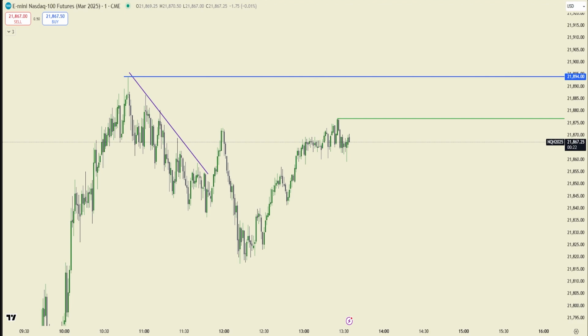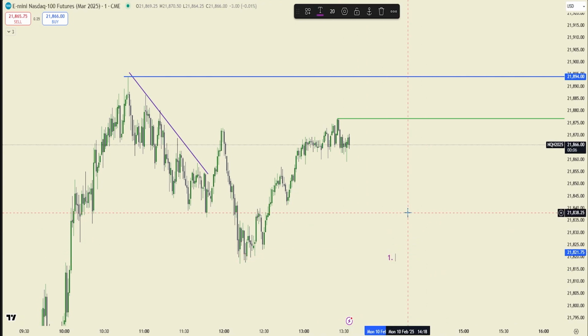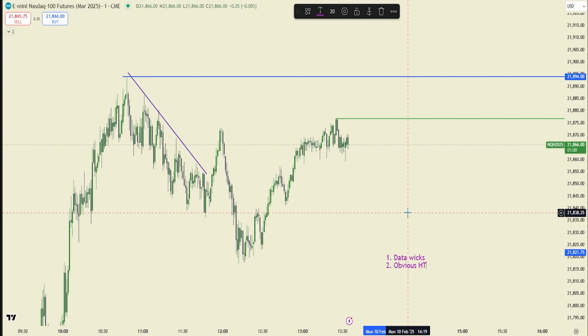It's really easy. What number are equal highs and equal lows on the hierarchy of draws list again? Like number 5, I think. It depends on if they're higher time frame. So if they're lower time frame, it's 1, data wicks. 2, obvious higher time frame equal lows, equal highs.